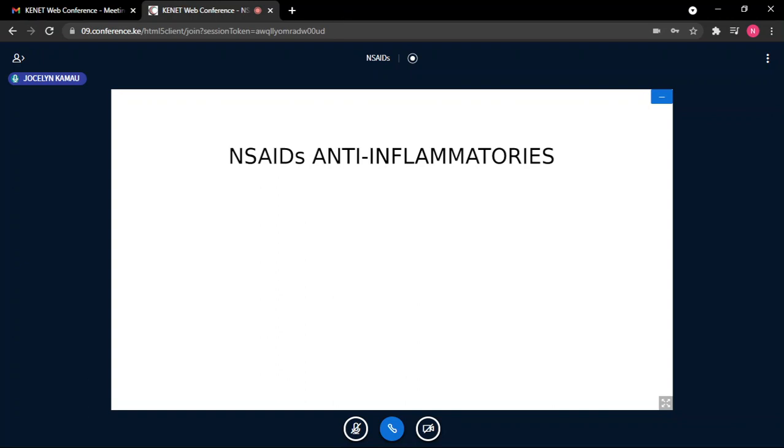But as we have said, for it to have a very good effect, it should go selectively for COX-2 inducible, but that does not happen always. So that is the introduction and the connection between the COX, the prostaglandins and the non-steroidal anti-inflammatory.